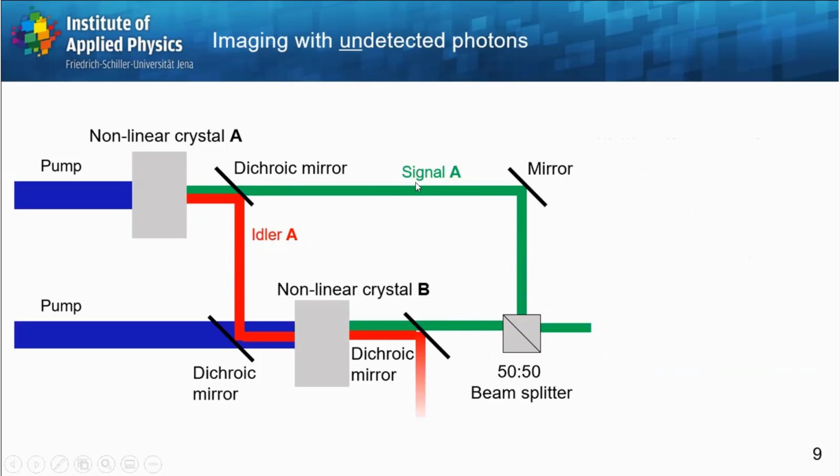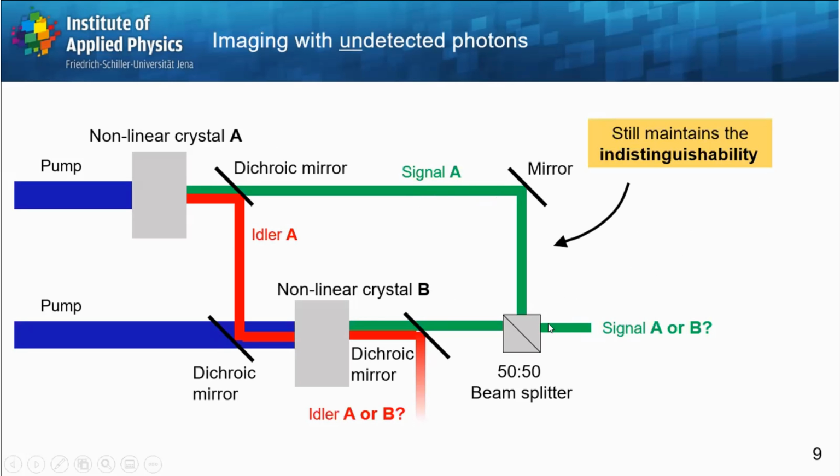So the signals of A and B I'm putting through a beam splitter, and the idler here is overlapping the idler of A with the idler of B. What happens here? In the idler, I still don't know which source it came from, whether A or B. And by doing this overlap in the beam splitter, if I receive a signal photon here, I don't know which one it came from, either A or B. So this change in the setup still maintains the indistinguishability, and therefore we can still write the quantum state as we know.